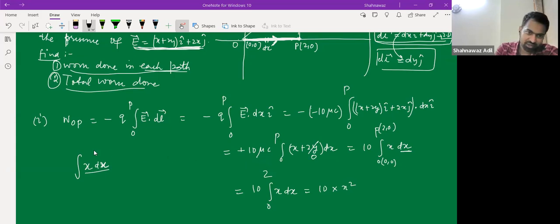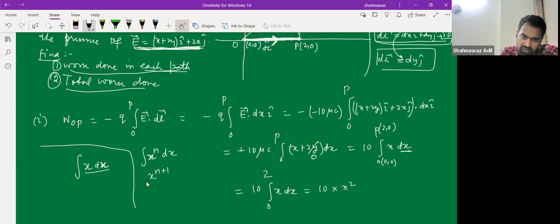You should have told me earlier, because in my class, we did the derivation of potential due to a point charge and multiple charges. In that, we used integrals. So do you recall what the integral of x^n is? The integral of x^n is x^(n+1) divided by n+1.